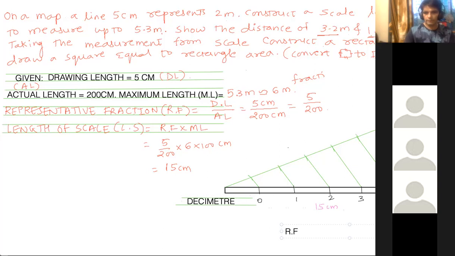R.F. equals 5 upon 200. This also we have to write. Got it?